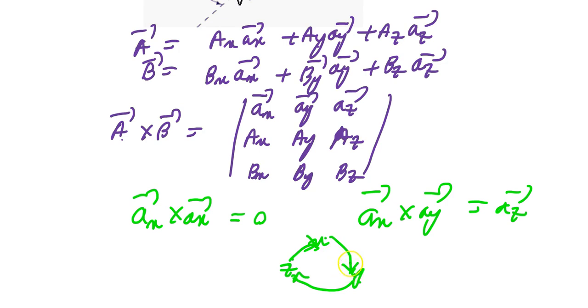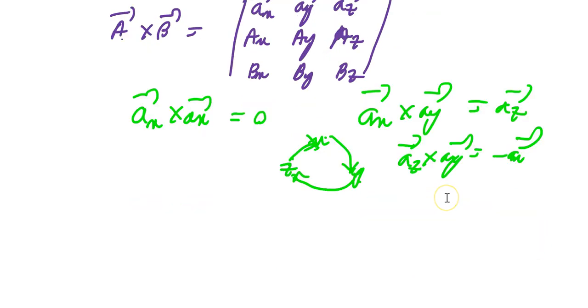If you do the reverse way, AX cross AZ gives you minus AY, and AZ cross AY will give you minus AX. So you can find all other trivial cross products. You can also practice with respect to a right hand coordinate system.